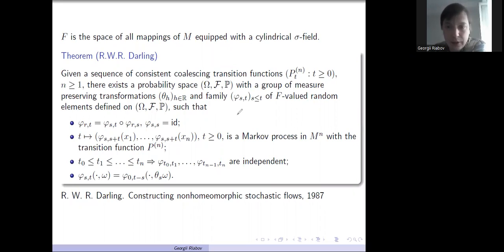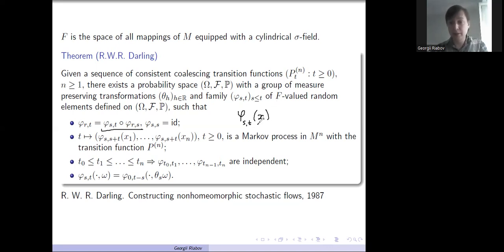Okay, so in this construction, if we look at one random mapping phi, it is not measurable. And this is quite strange because here we substitute random elements into random mappings.